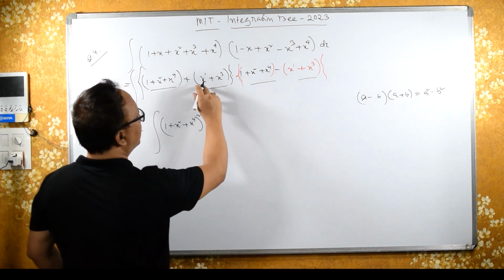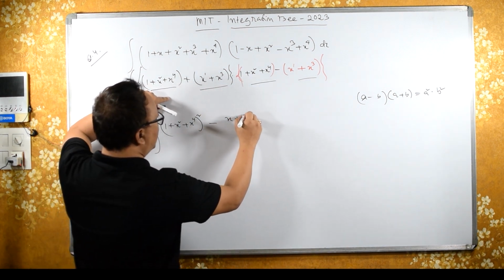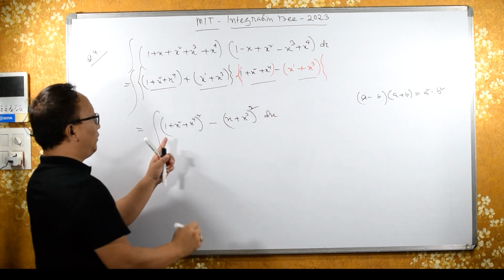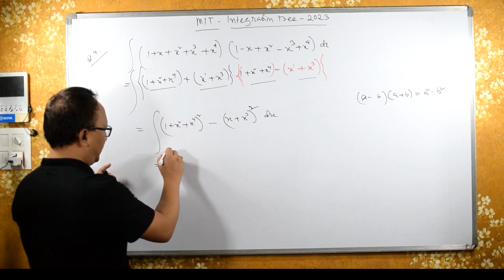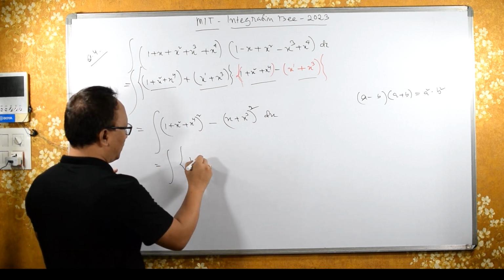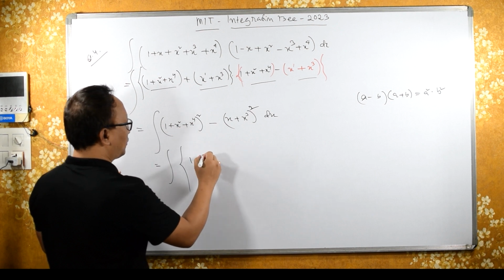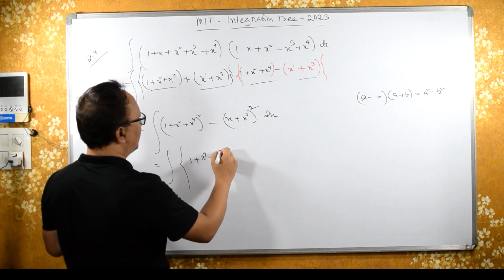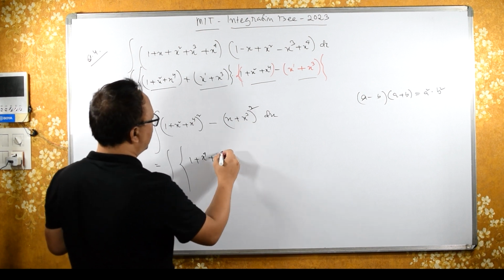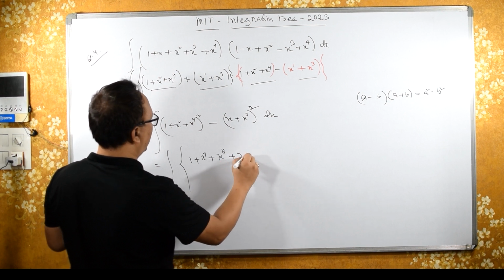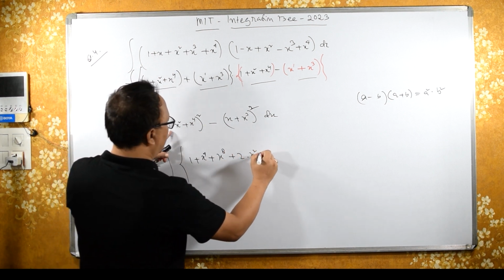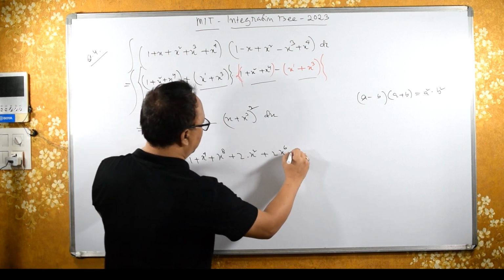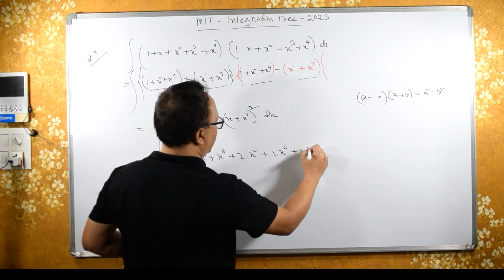A square minus b square means x plus x cube raised to square dx. We have a plus b plus c the whole square is a square, meaning 1, plus b square, meaning x square raised to square, which is x4, plus c square, meaning x4 the whole square, which is x8, plus twice ab, meaning x square, plus twice bc, meaning x raised to 4 plus 2, which is 6, plus twice ac, x raised to 4.